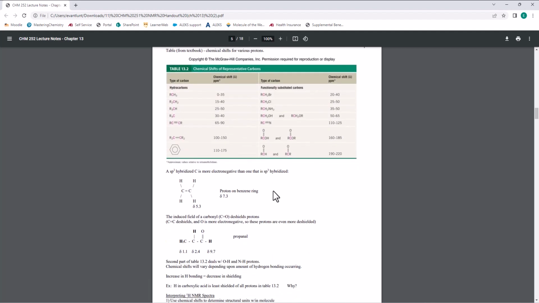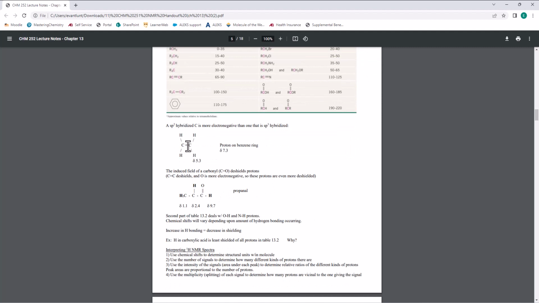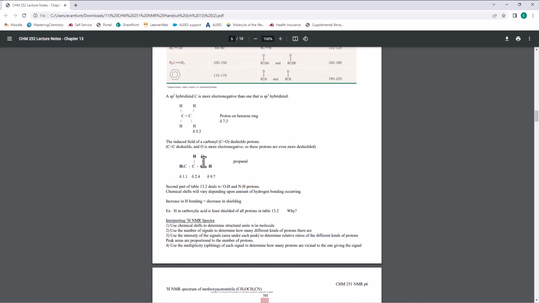We'll come back to carbons. Alkenes are also electronegative. sp2 is more electronegative than sp3 hybridized carbons. So sp2 hybrids will have a de-shielding effect on protons, and carbonyls will also de-shield protons as we're near an electronegative O, and this carbon has a partial positive charge on it.